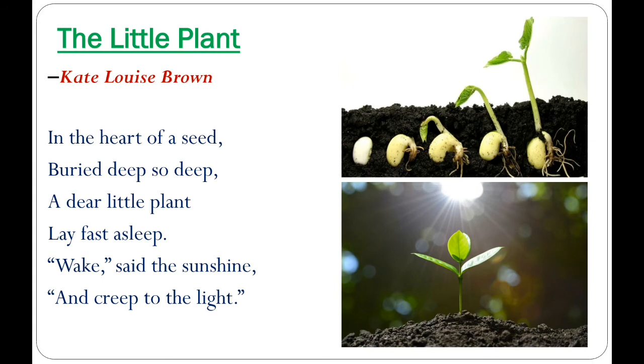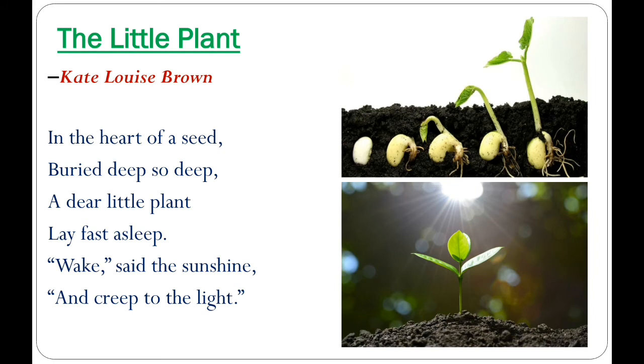Now, let's talk about the third and fourth lines. A dear little plant lay fast asleep. That means the little plant sleeps in the seed. It needs some important things from nature, like sunlight and water, to grow as a plant with root, stem, and green leaf.